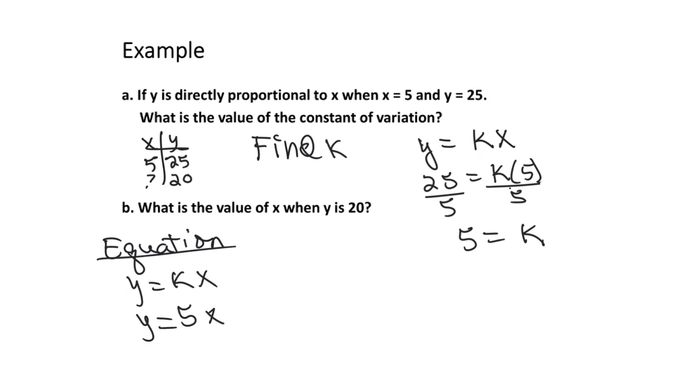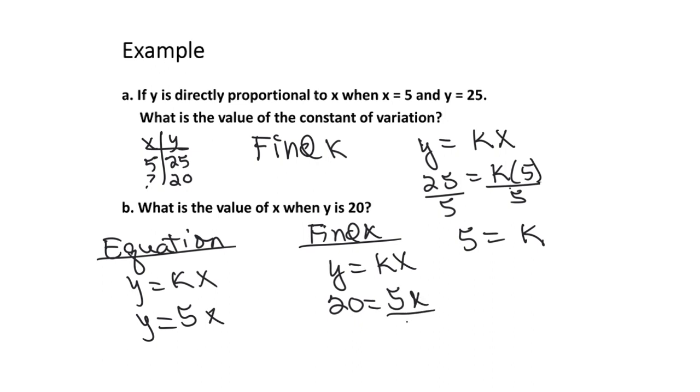At that point, I am now going to answer question B. What is the value of x when y is 20? Means that I'm going to find x. And to find x, I'm going to replace y with 20. k was 5. And I'm going to solve that equation.